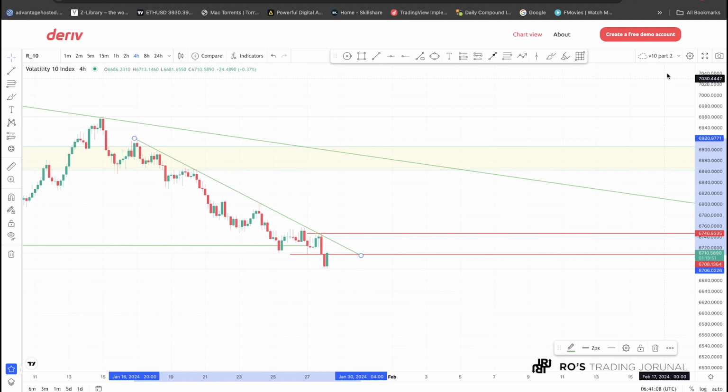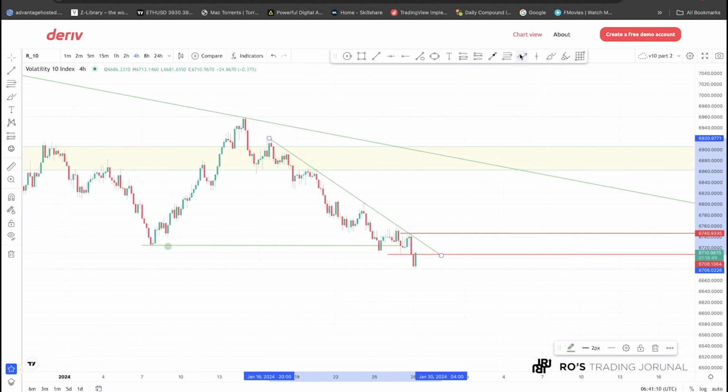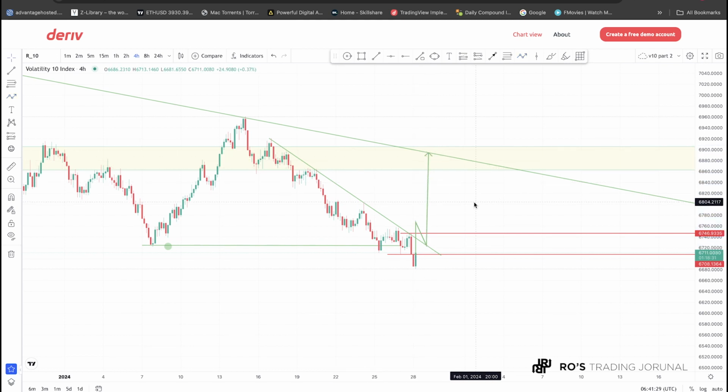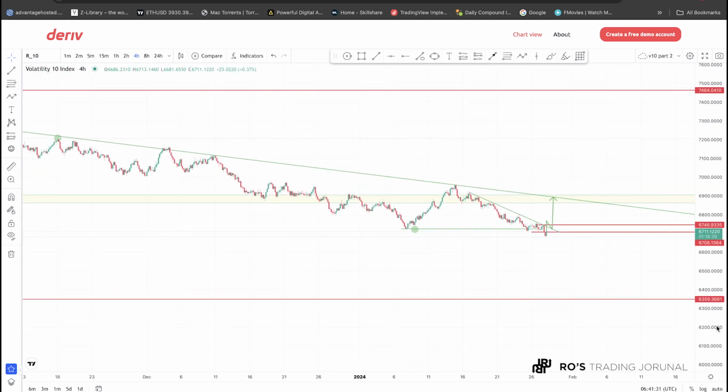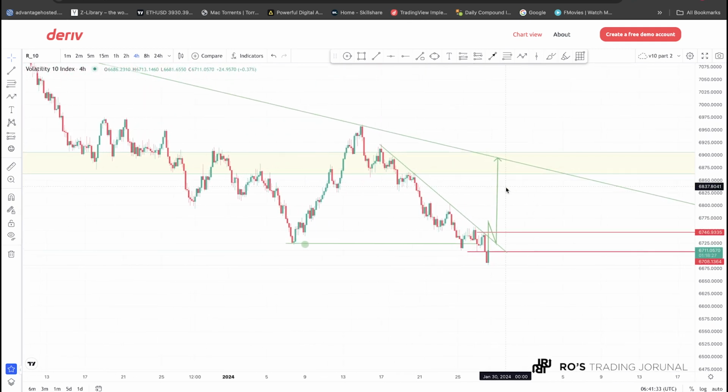What I'm thinking might happen is that we get a push above here, right to this order block, maybe a retest back down, continuation up to this major key level here. Yeah, so let's stick to that.